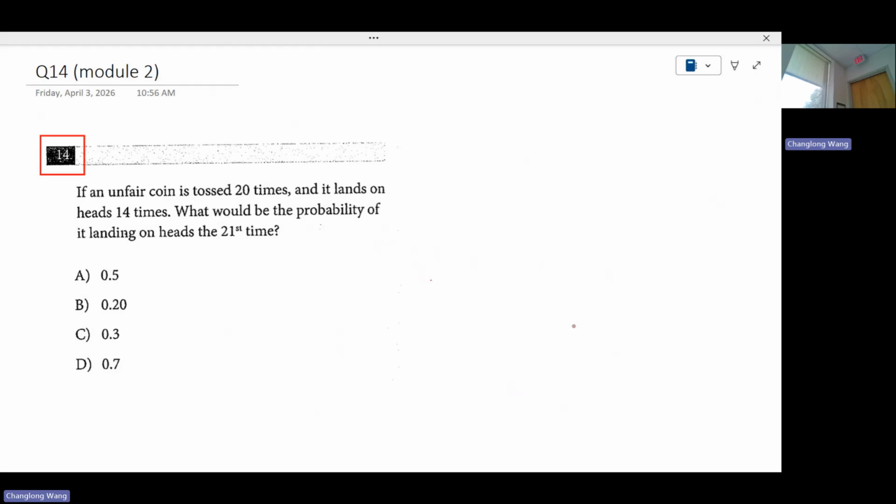But if you decide that 14 divided by 20 gives the probability of an unfair coin landing heads up, that applies to an individual event, right?